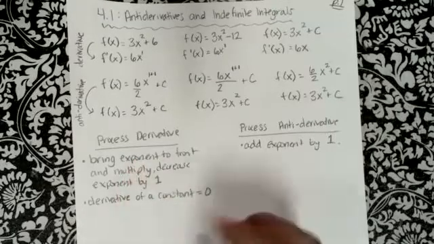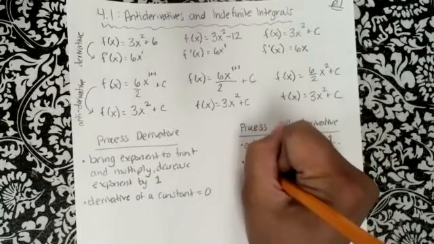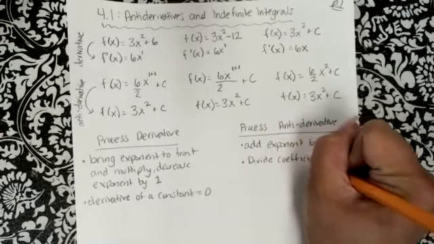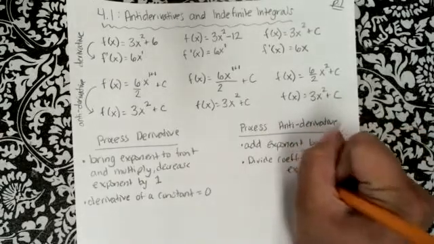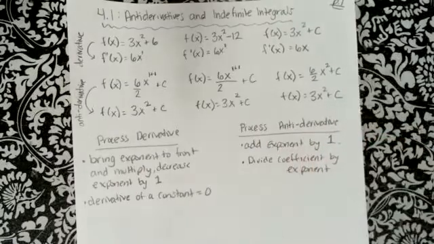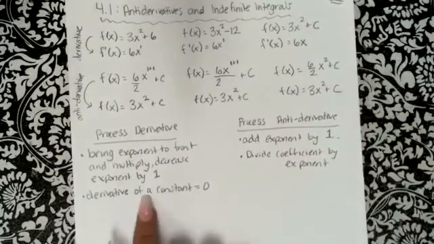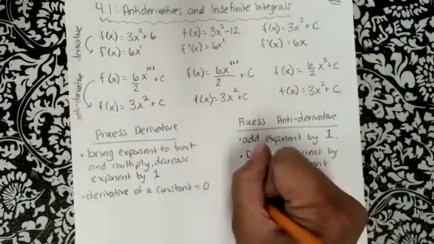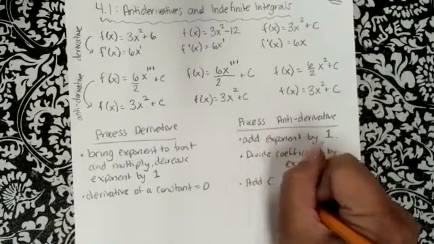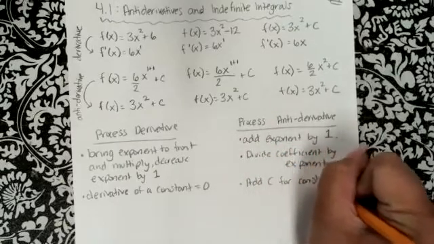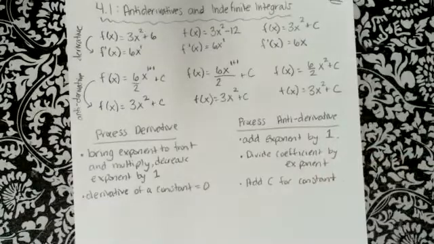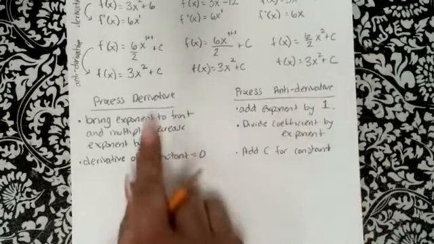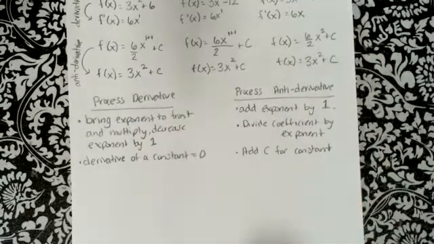The opposite of multiply is divide. So here, you're going to divide the coefficient by the exponent. And then because the derivative of a constant equals 0, we're always just going to add plus c. So we are going to add c for the constant. So the antiderivative is the reverse of the derivative.